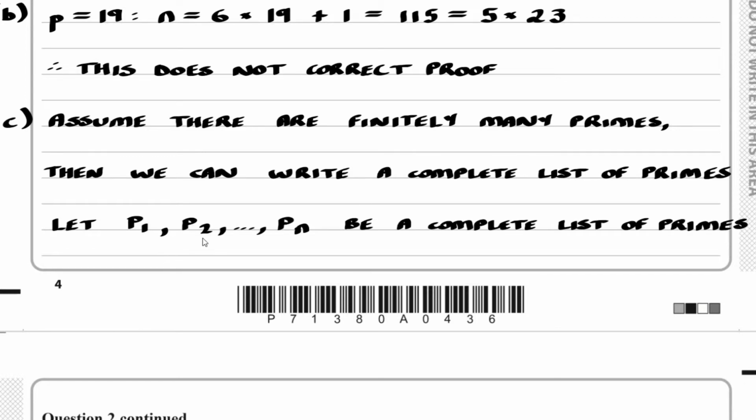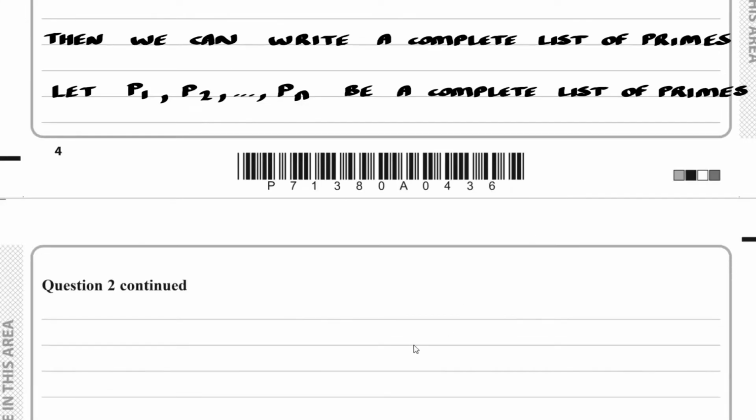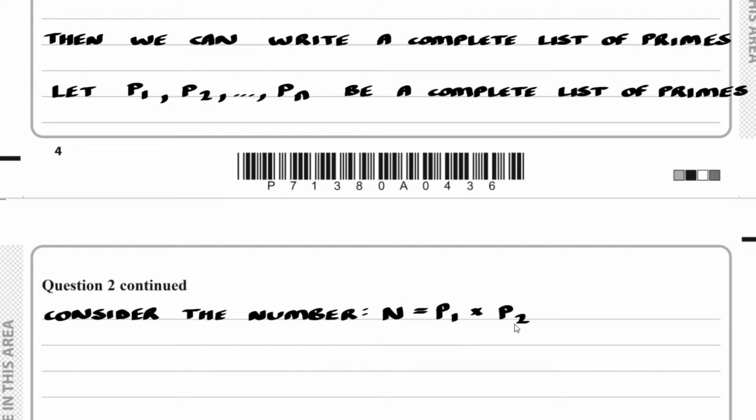If we let p1, p2, etc. all the way up to pn be a complete list of primes, then what we will do is consider a new number, n equals p1 multiplied by p2 multiplied by numbers all the way up to pn plus 1. So we have the product of all the prime numbers plus 1. That's what our new number is.